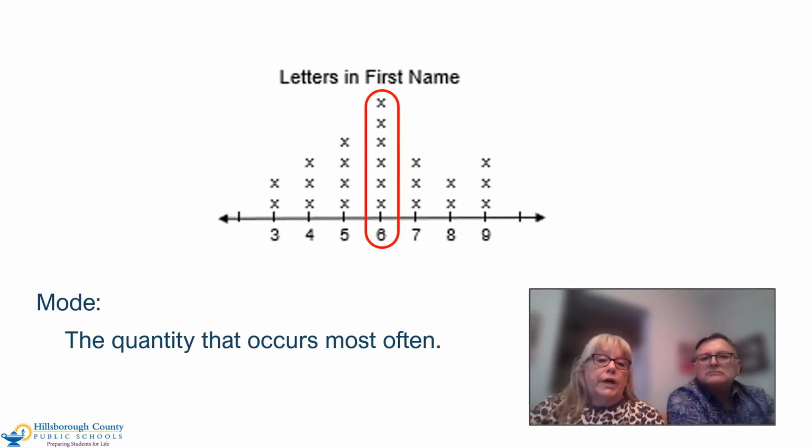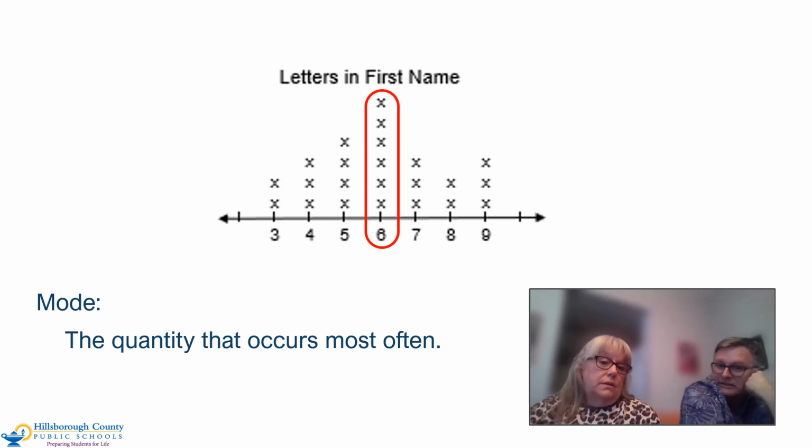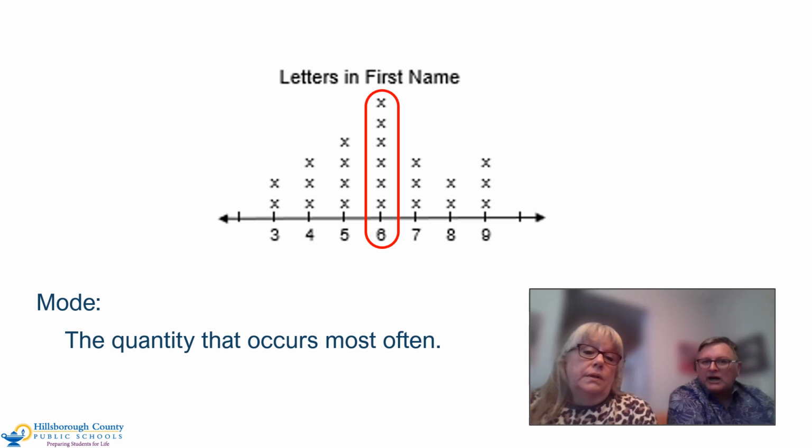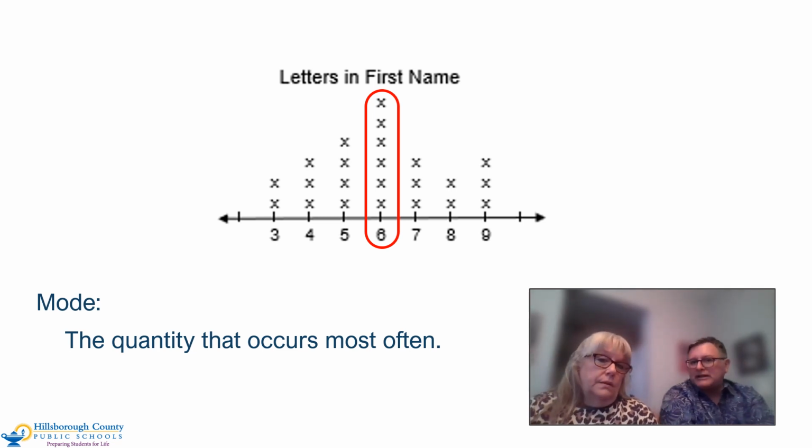So we're going to look at using the data in a line plot, a representation, to figure out the mode, median, range, and mean. So I've moved from concrete, from those snap cubes, to now looking at it on a line plot, which is representational.